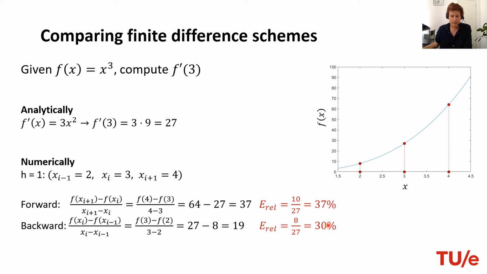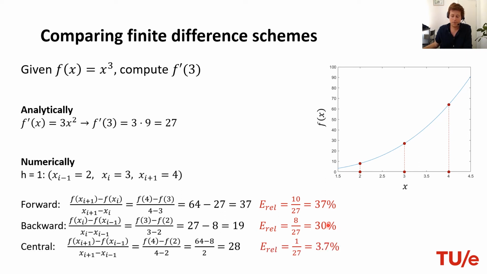However, let's take a look at the central difference now. So for central differences, what we chose to do was, instead of looking in the forward or the backward direction, we just take our point under consideration, xi is equal to 3, to be in the center of our difference scheme. So we use 1 point backward and 1 point forward in order to evaluate this central finite difference scheme.